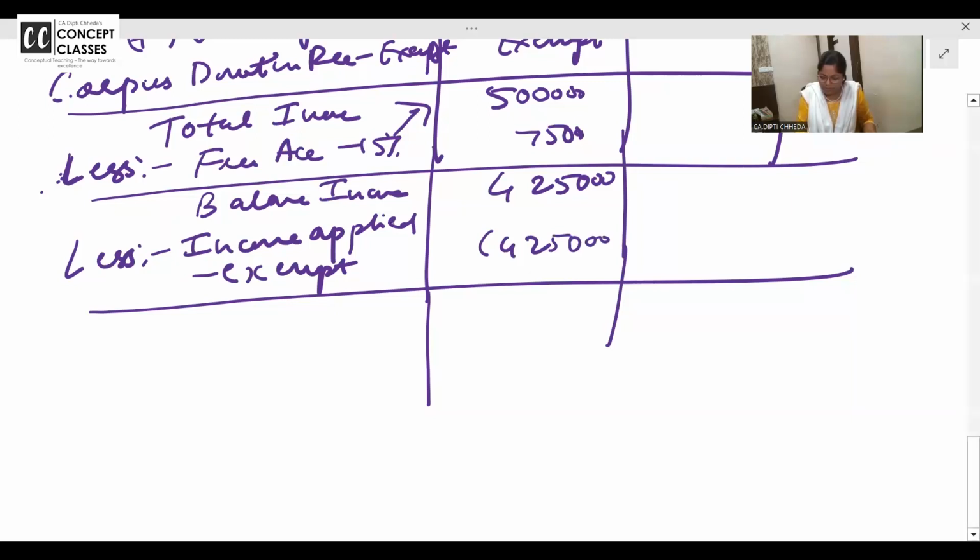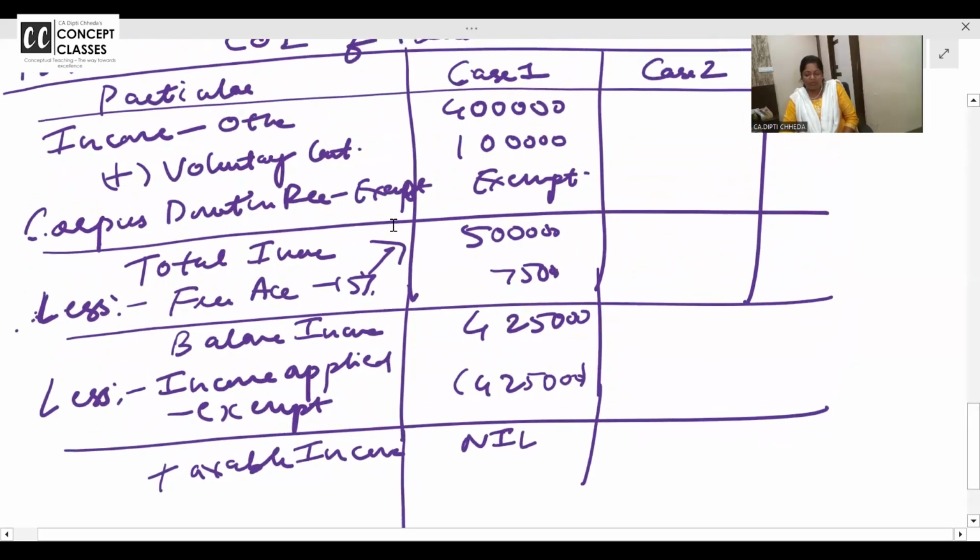Answer is no. Bilkul bhi no. Only 425. And what will be the taxable income or the total income of the trust? It is nil. Total income of the trust is nil. Nice, clear to all of you.